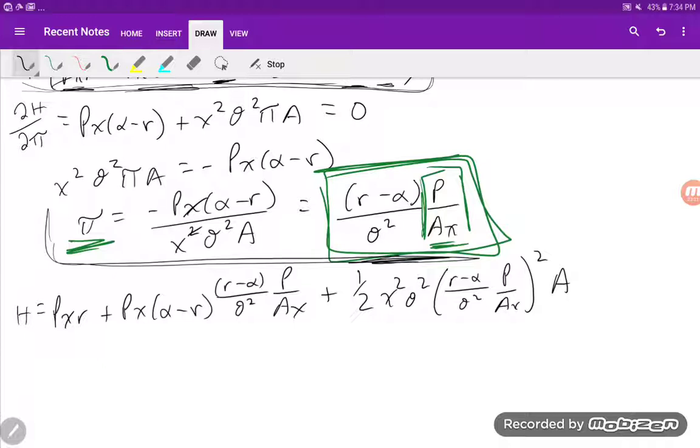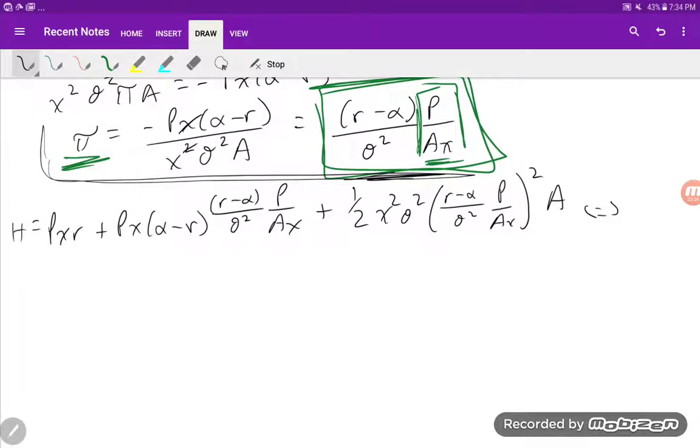Okay, so let's simplify this, because it can be. So H is equal to pxr. I'm just going to basically work on this term for right now. That's sort of the big mess.